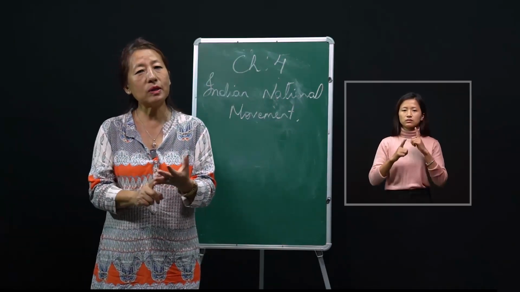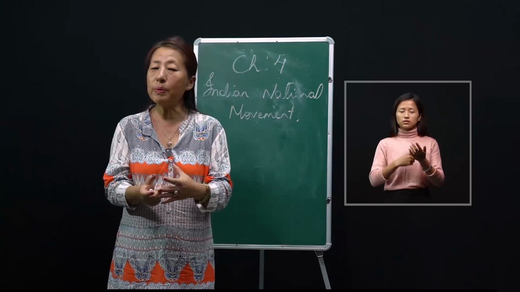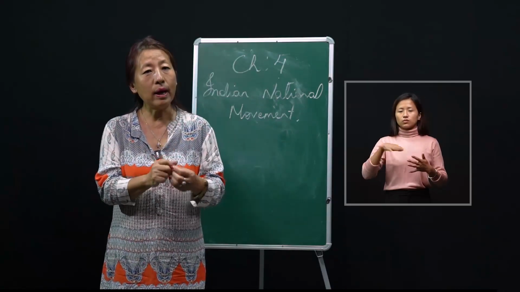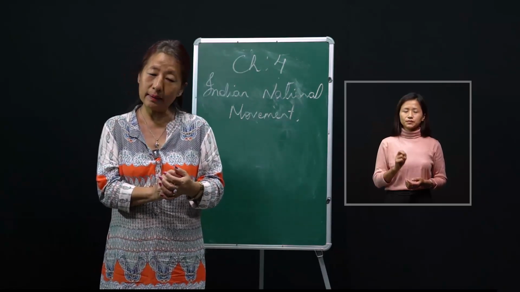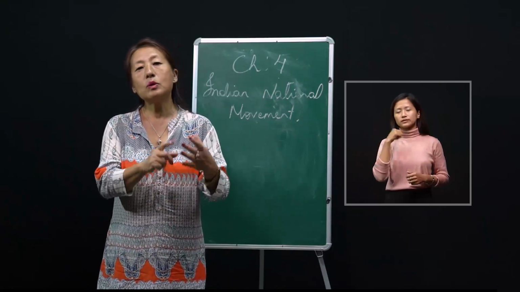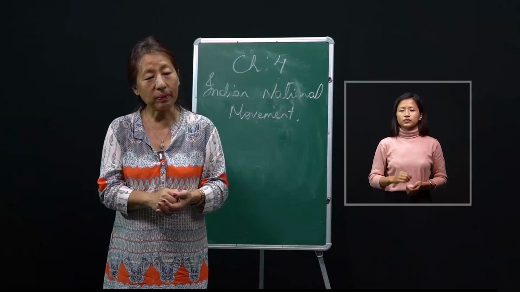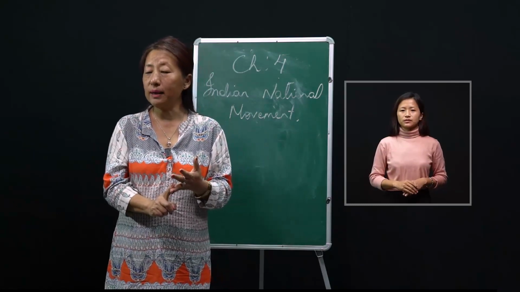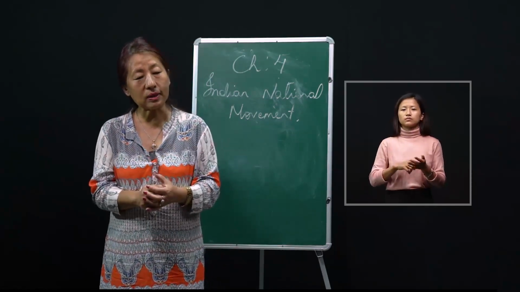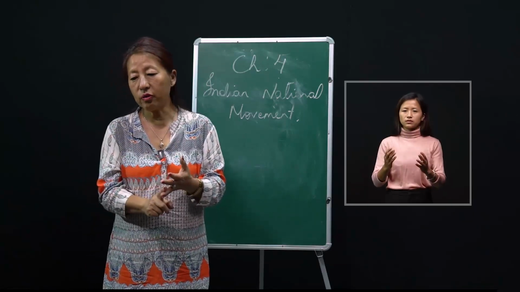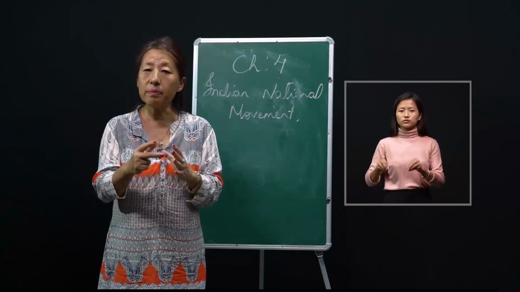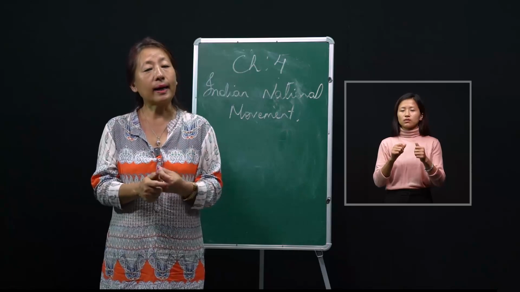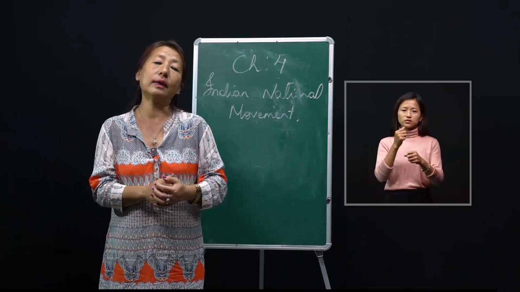Then, because of the Chauri Chaura incident, the non-cooperation movement came to an end. The Chauri Chaura incident is the incident where 22 policemen were burned to death by an angry mob. So that put an end to the non-cooperation movement. Then we have also discussed the civil disobedience movement, which Gandhiji and the Congress started again. This movement again came to an end because of the agreement signed between the Viceroy of India, Lord Irwin, and Gandhi, which we call the Gandhi-Irwin Pact.